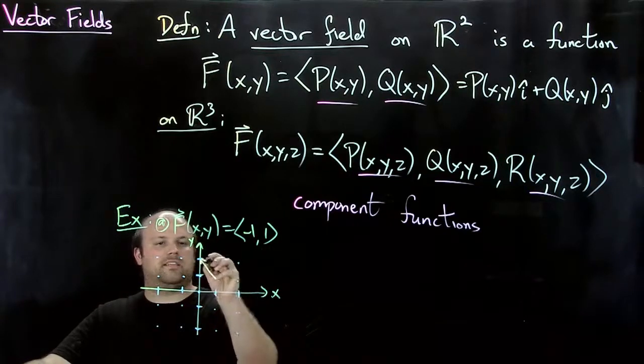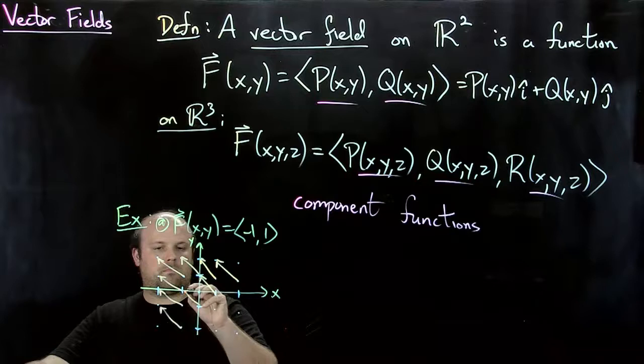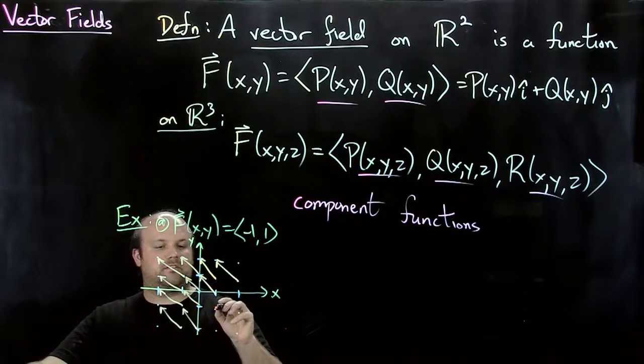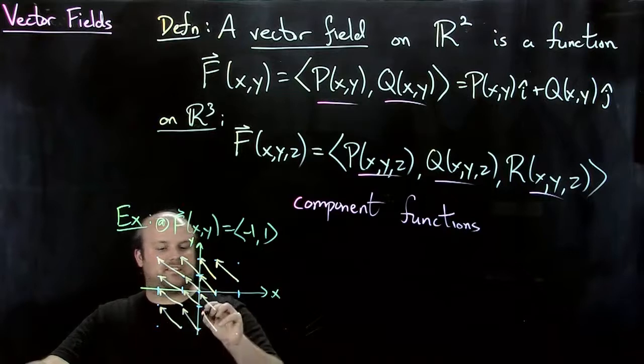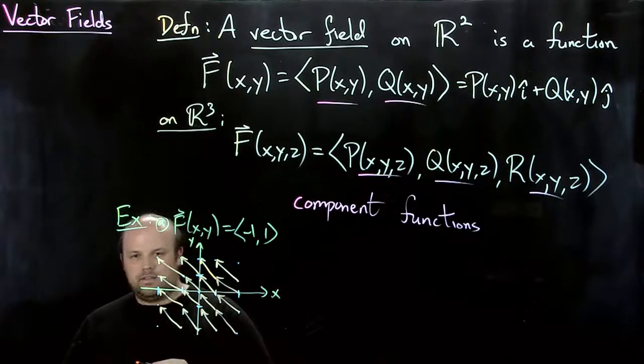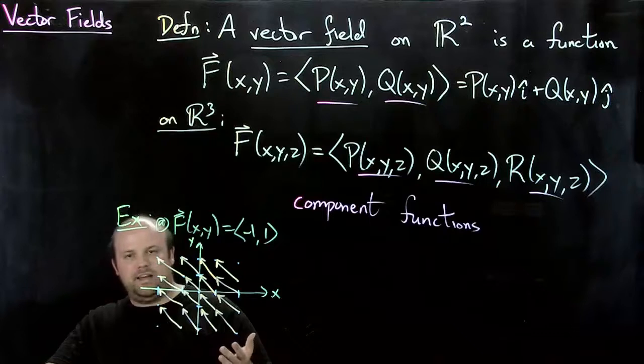So we get this. So we get something that looks like this. It's a vector field that's always pointing in this sort of northwestern direction. Right? And, okay, so not too bad.